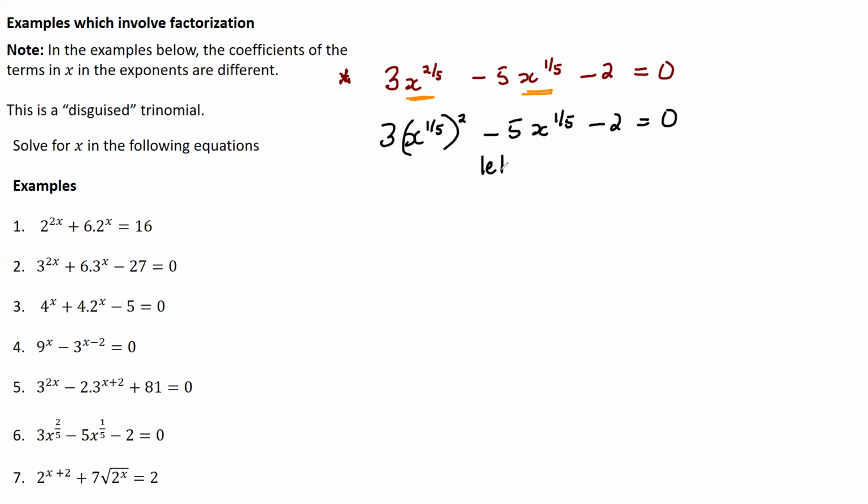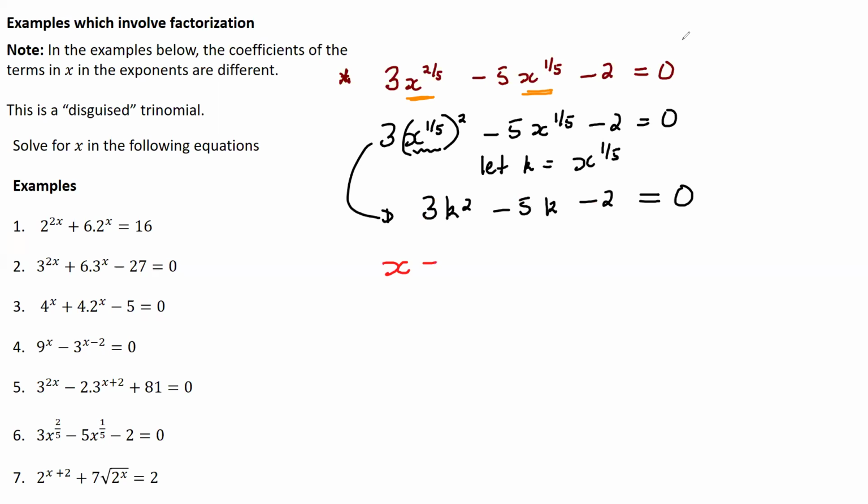Then you say, let k be x to the power 1 over 5. So now you are dealing with 3k squared minus 5k minus 2 is equal to 0. You can solve this quadratically. You can even use the quadratic formula. I'm not a fan of it, but let me show how you'd use it. I think you guys have done the quadratic formula already.